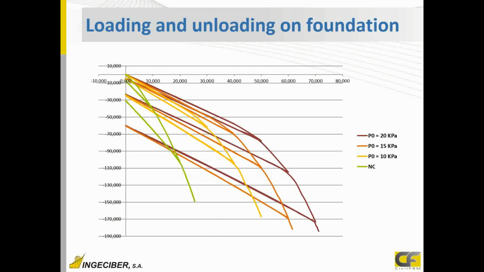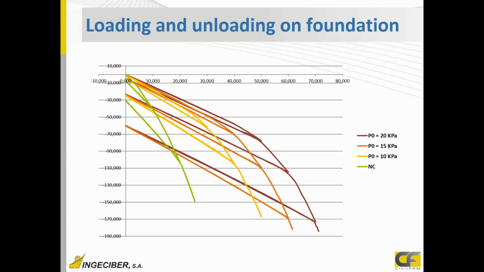these are the results I get. Here, this is the non-consolidated soil. When I apply the load, it starts yielding very soon: loading, unloading, loading again, unloading, and the last loading generates my failure with a small load.